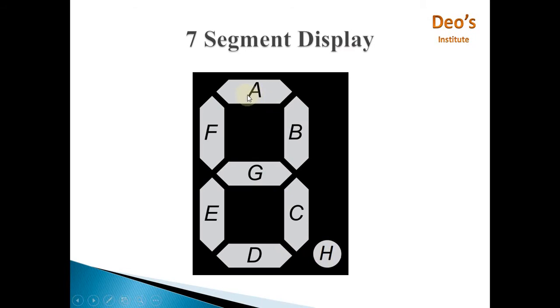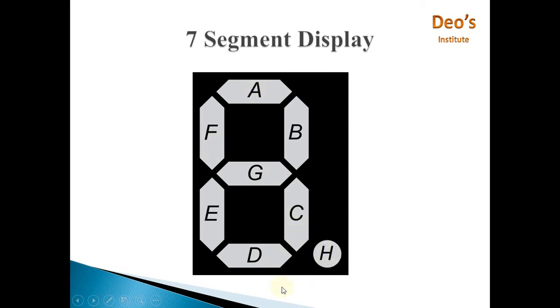These 7 segments are named A, B, C, D, E, F and G. This naming is constant and universally used, and H is used for the decimal point DP. So in all, it consists of 7 LEDs and a decimal point.